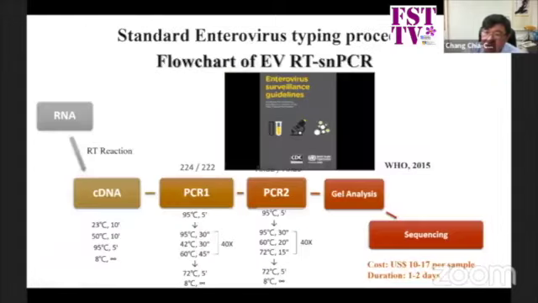Let's see the detailed process recommended by the WHO.